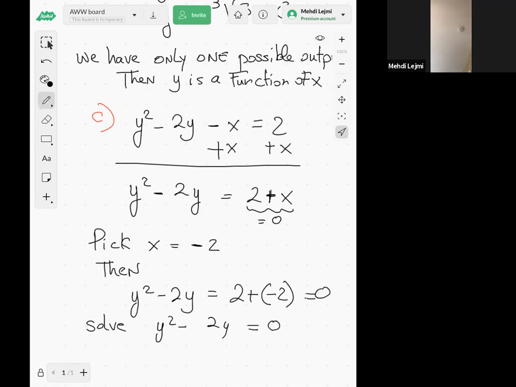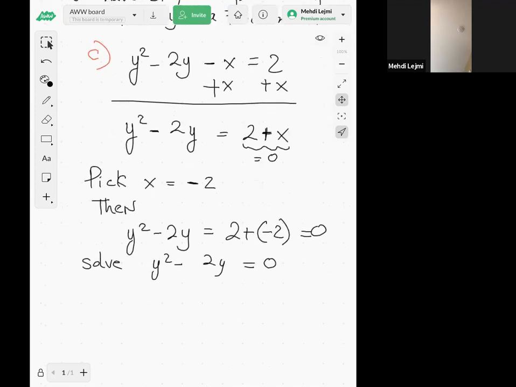Then you can use the quadratic formula, or you can just factor y as a common factor. You see there's a y here, there's a y here, so I can pull out the y. So we're going to have y times y, that will be y squared, and then this minus, and then there's 2, so here's my -2, equals 0, right?